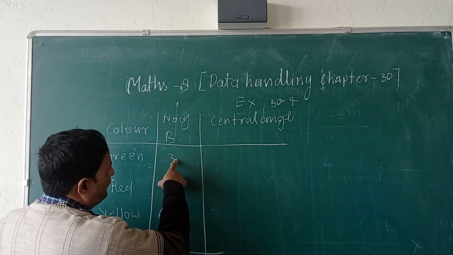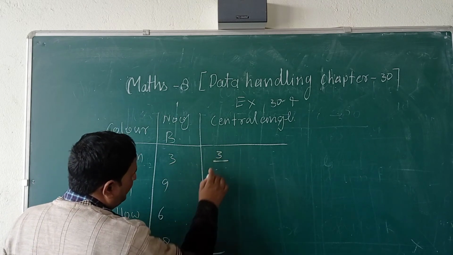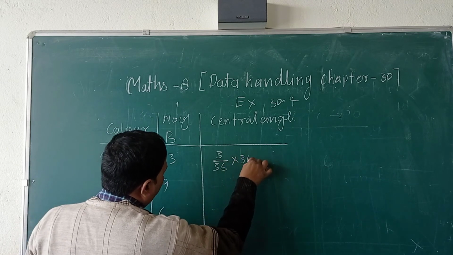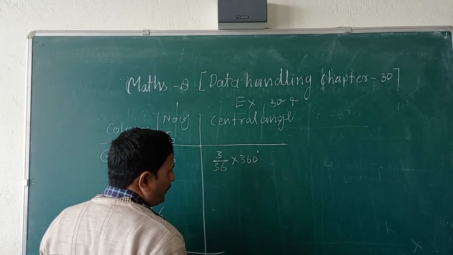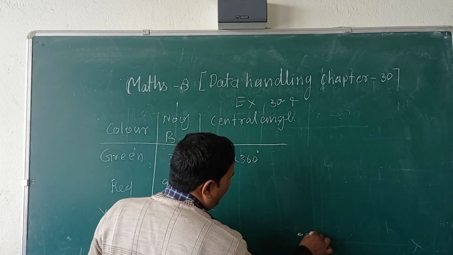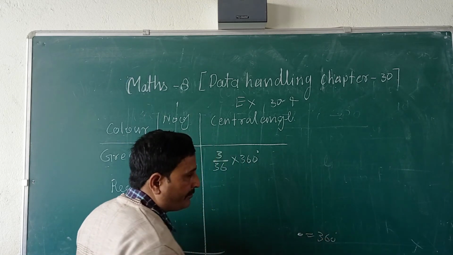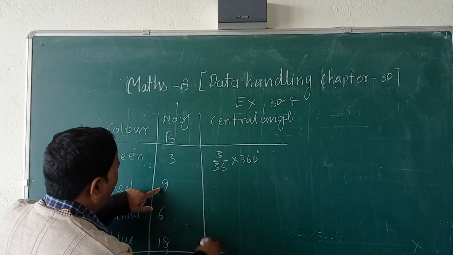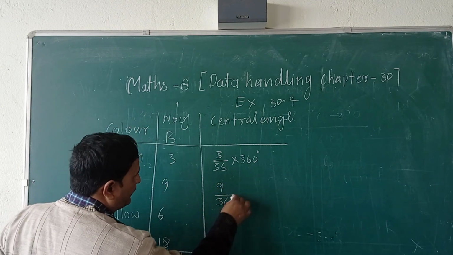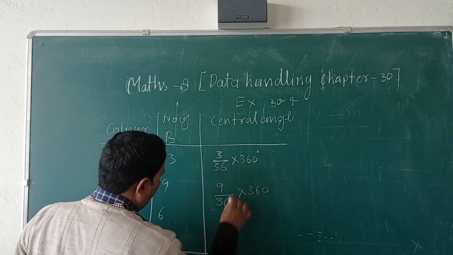This angle is the number of balloons divided by the sum of the balloons, into 360 degrees, because you know that at the center of any circle the angle is 360 degrees. Similarly 9 upon 36 into 360.